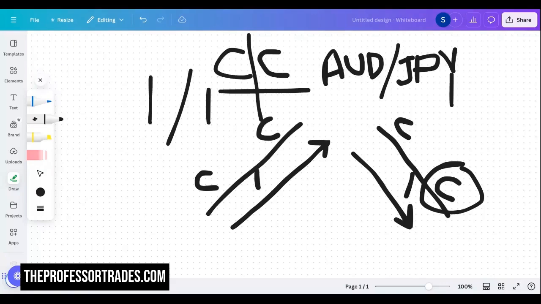What you see in the market is what you would pay to exchange one currency for another, in this case the AUD/JPY. Let me get back to my whiteboard.